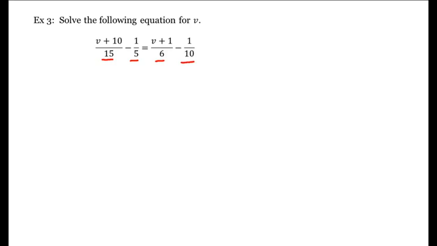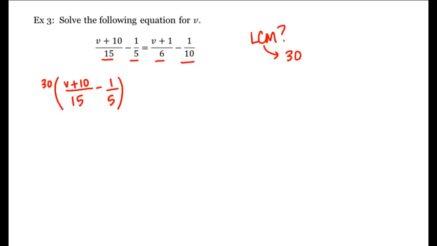What is the least common multiple of these denominators? Isn't that 30? So let's multiply both sides of this equation by 30. So we have 30 times the entire left side is equal to 30 times the entire right side.